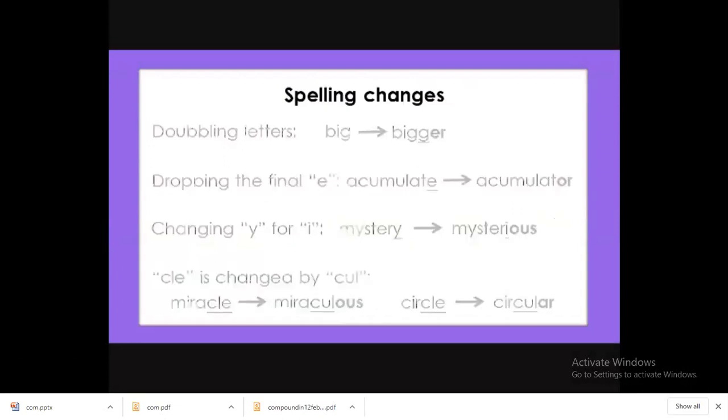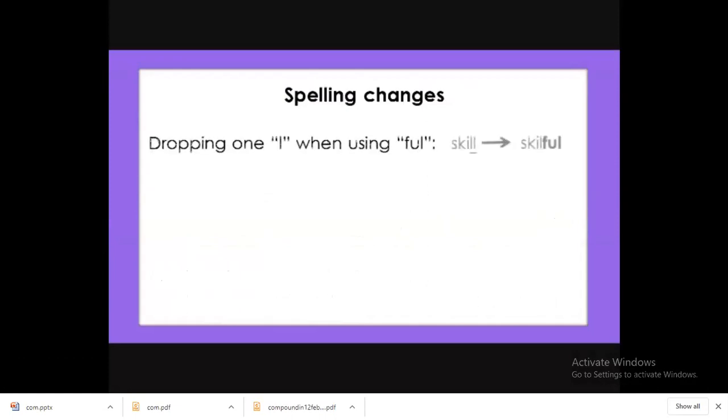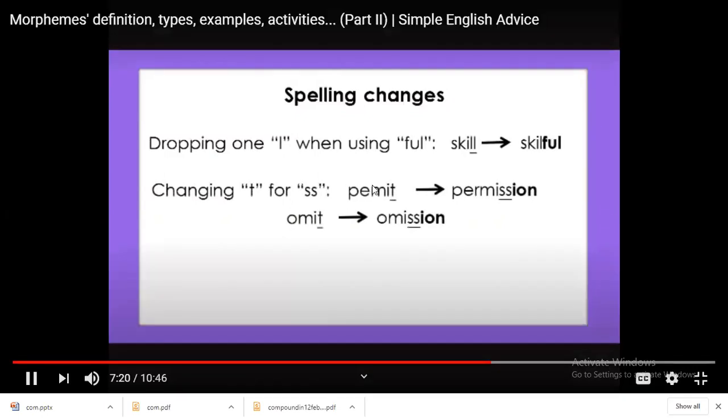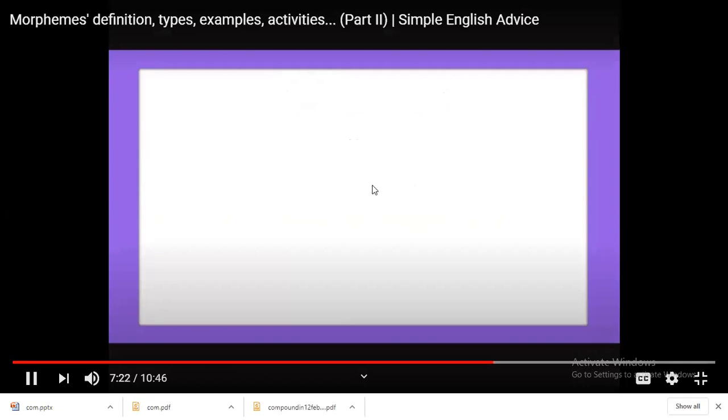For adding the suffix full to words that end in double L, we drop one L. Changing the T for the double S. There were some changes given in some cases. Let's give it a practice.